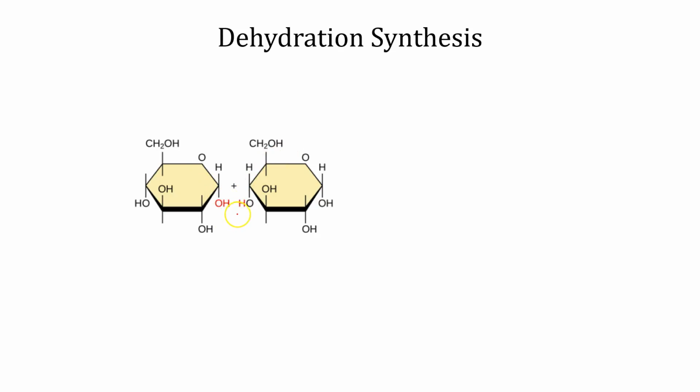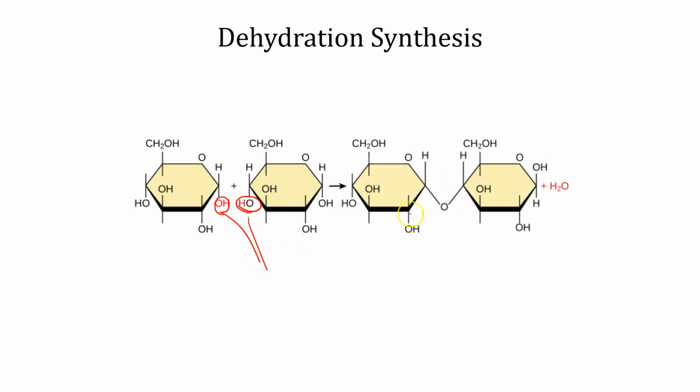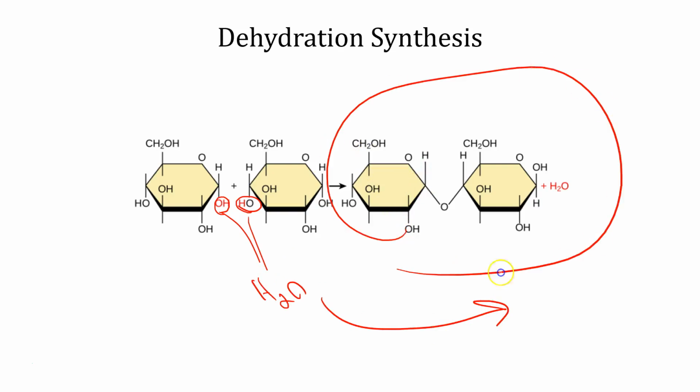But in either case, what usually happens in dehydration synthesis is that the hydroxyl group of one monomer and the hydroxyl group of another monomer will join up, and the OH and the H will form water, which will then leave, and then we end up with this scenario here. So where before we just had 2 individual monomers, now we have one linked set of the monomers.